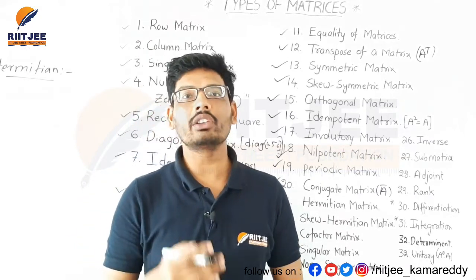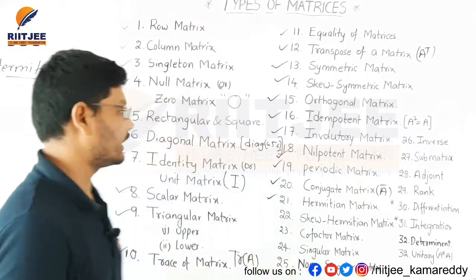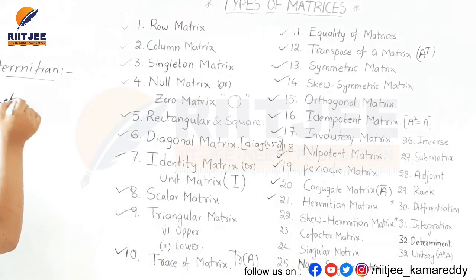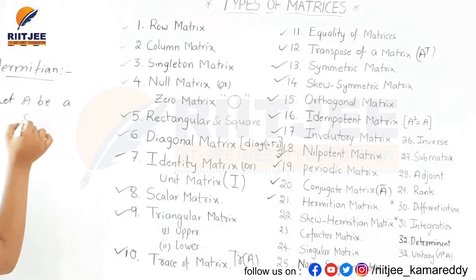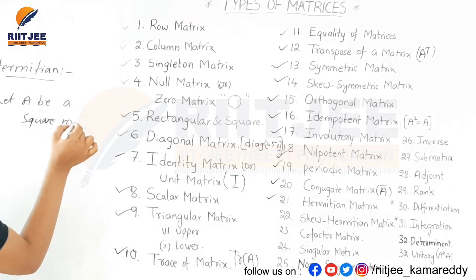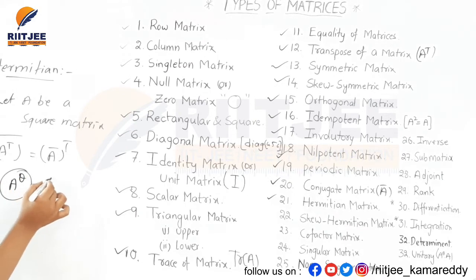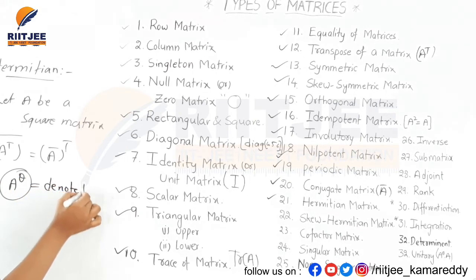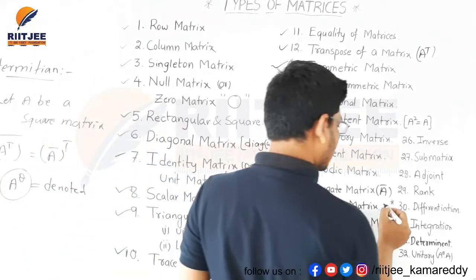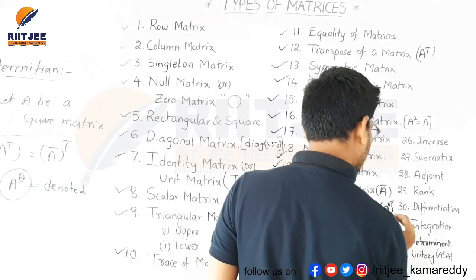Let A be a square matrix, and the transpose of the conjugate matrix, or the conjugate of the transpose matrix, is called a Hermitian matrix. The Hermitian matrix is denoted by A to the power of theta.